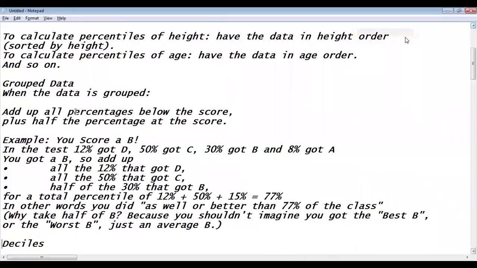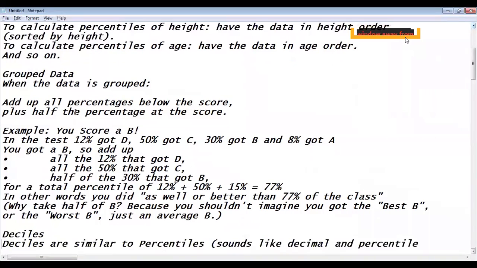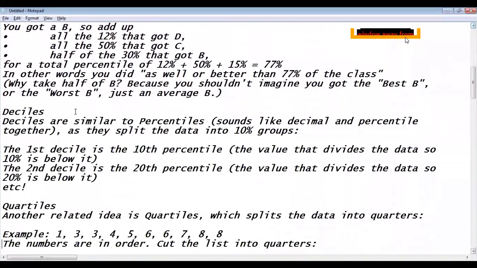Then the next one is deciles. So DECILES. So what is deciles? Let's understand a few things about deciles. So it's not the same as percentile. So deciles are similar to percentile, but they split the data into 10% groups.